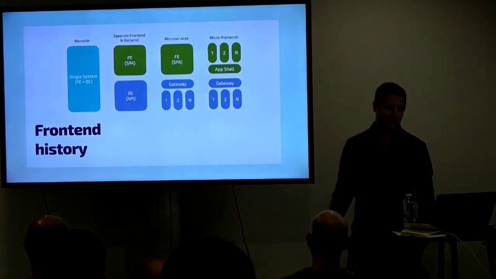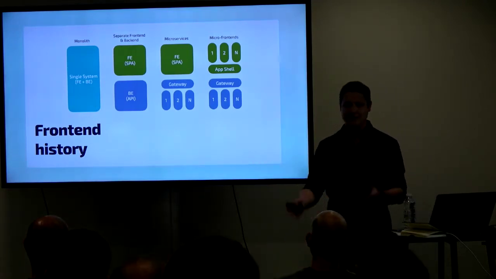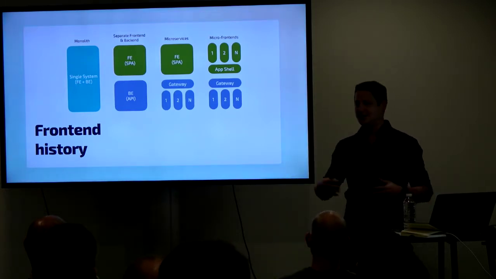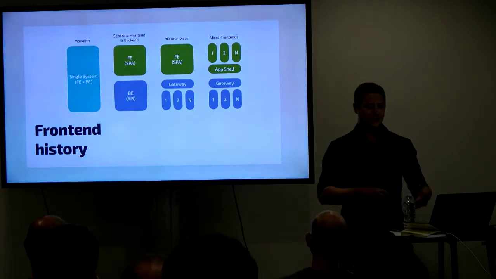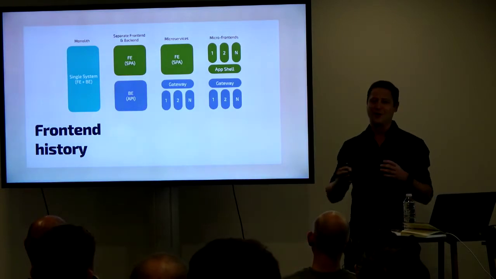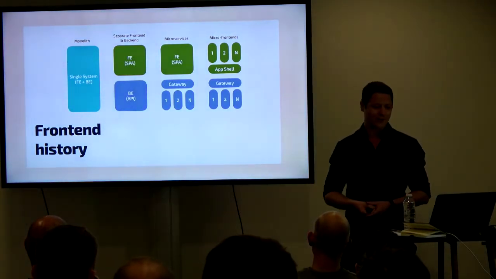Now we have, for example, a single page application and an API that we can call, and then we can exchange data that way. So that's the first split, the first micro front-end move that we're going to.